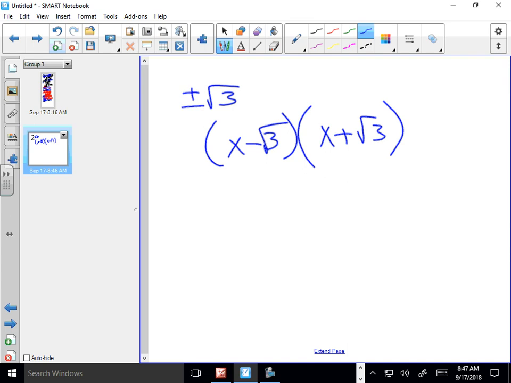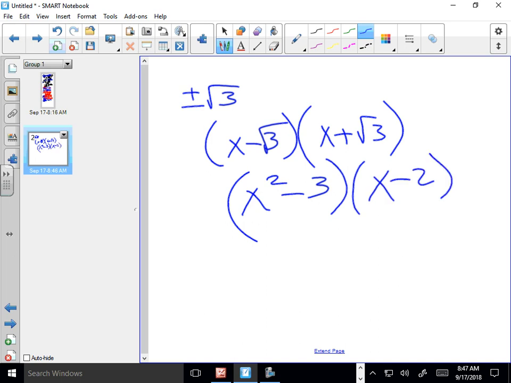And then Ryan said that he actually preferred using the FOIL form of this, of x minus 3. Well, I kind of want to go through synthetic division with these radicals and see what that's like.